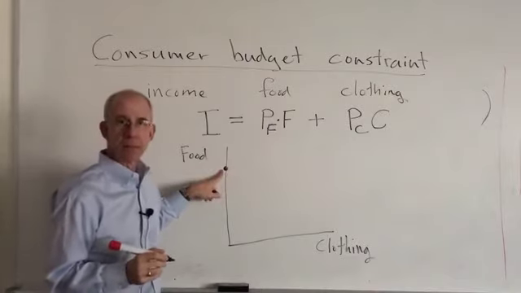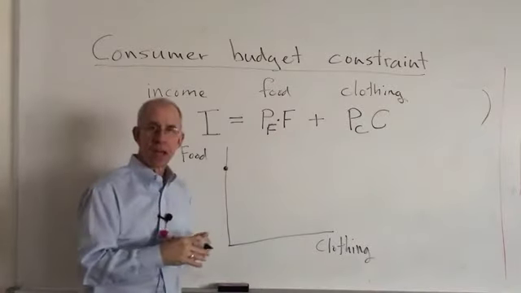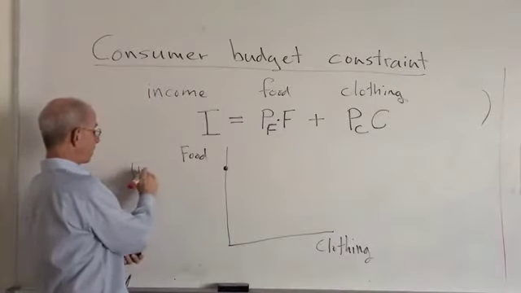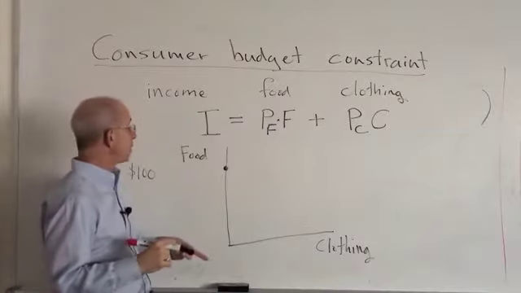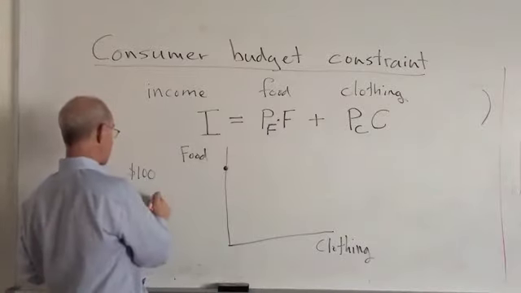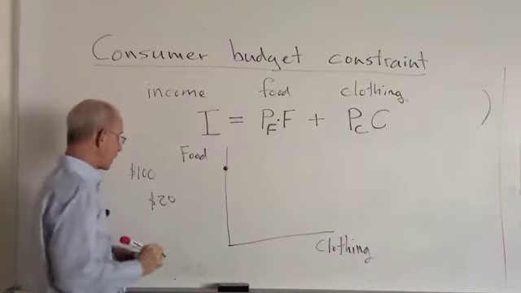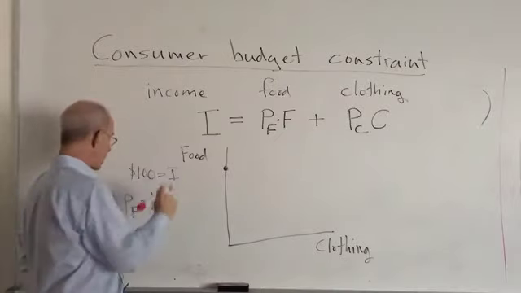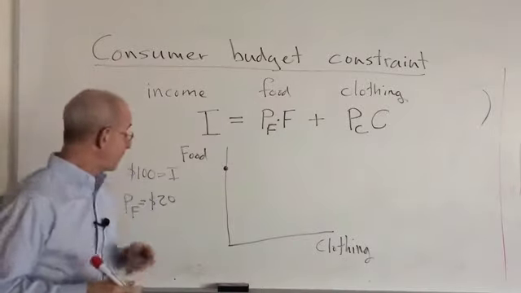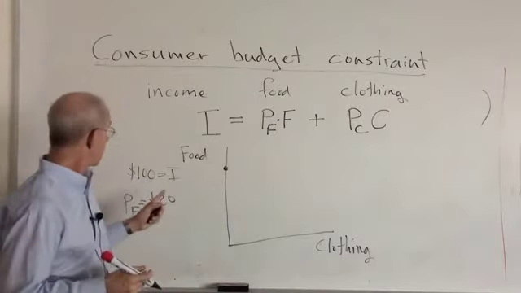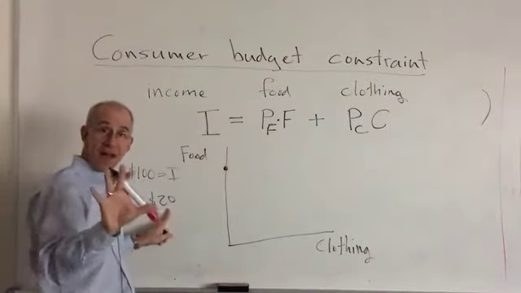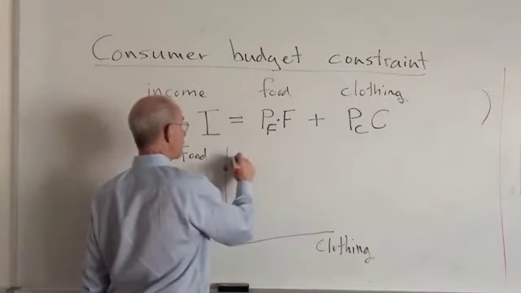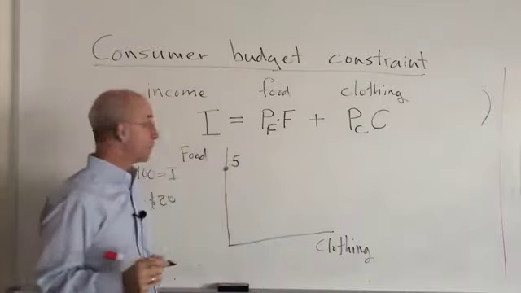Imagine, forget about the graph. If I told you that you had $100 of income and each unit of food cost $20. So the price of food was $20 and you had income of $100. If you only bought food, you could take that $100 and you could buy 5 units of food. That's this point right here. 5 units of food.